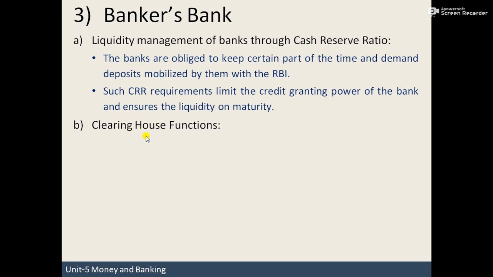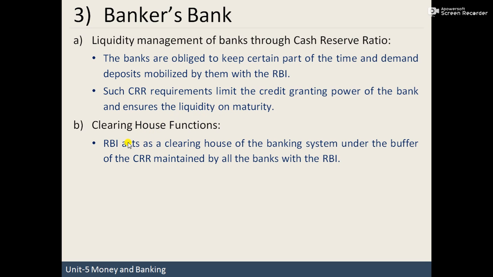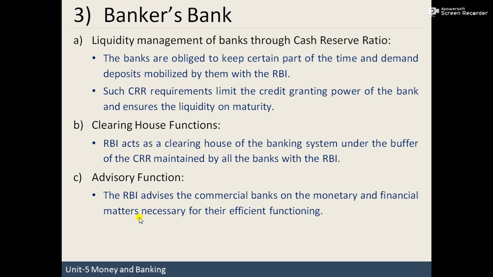Clearing house functions: RBI acts as a clearing house of the banking system under the buffer of the CRR maintained by all the banks with the RBI. Advisory functions. So in bankers bank functions we have seen liquidity management of banks through cash reserve ratio, clearing house functions and advisory functions.